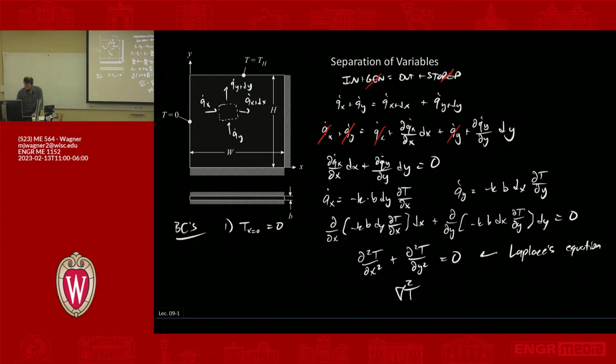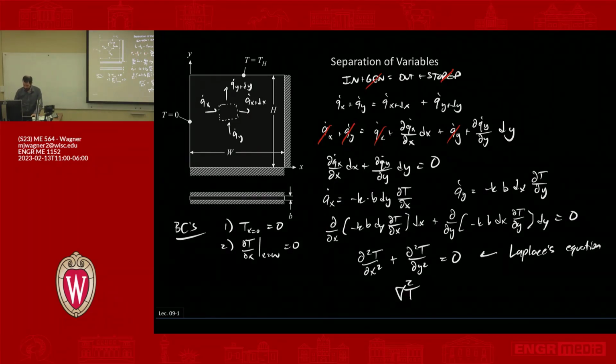So at x equals w, we have dT/dx at x equals w equals 0. Being careful to remember that it's still a partial operator, because this entire equation needs to be true for the entire temperature solution at the boundary conditions.